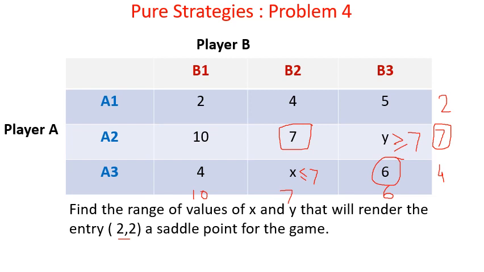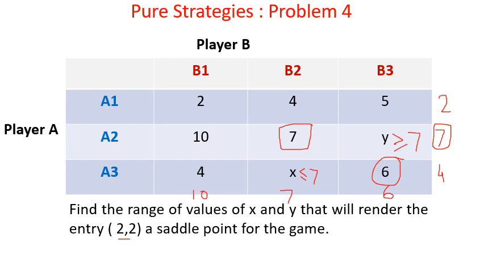When there is a problem like this, what you have to do is first look at the saddle point and first equate that particular unknown values to that particular value of the game. In this case, suppose 7 has to be the saddle point or A2 to B2 has to be the saddle point, 7 will be the value of the game. So, it's understood that x and y can be equal to 7. If it is equal to 7, fine.